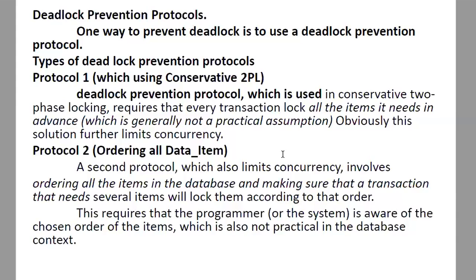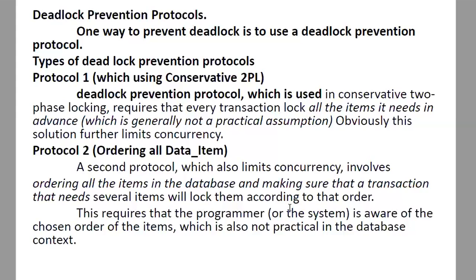For example, if transaction T1 is going to execute with 4 data items X, Y, Z, and Z1, in whichever order T1 is going to execute them, if all the data items are ordered or arranged in the same order, then you can start your transaction. In that way, you can avoid the deadlock.